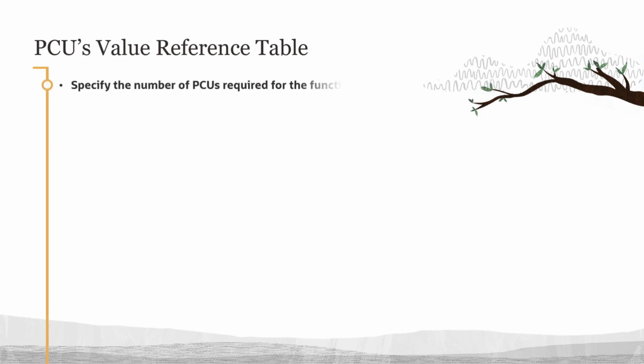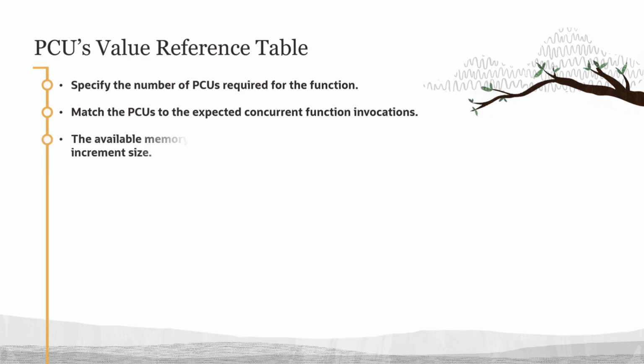To use provisioned concurrency effectively, you need to specify the number of provisioned concurrency units, or PCUs, required for your function. It's generally a good practice to match the number of PCUs to the number of concurrent function invocations you anticipate. The amount of memory you allocate to a function directly influences both the minimum number of PCUs you can specify and the increments by which you can increase these PCUs.